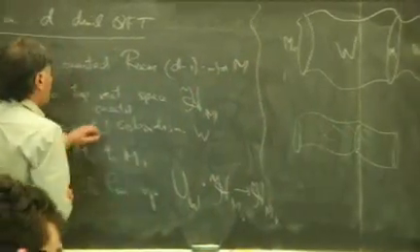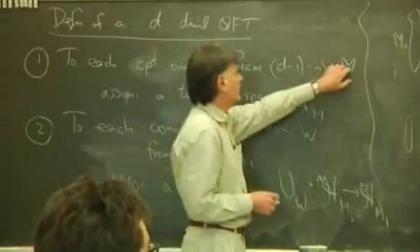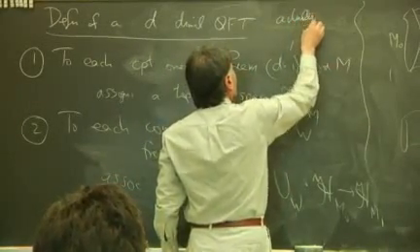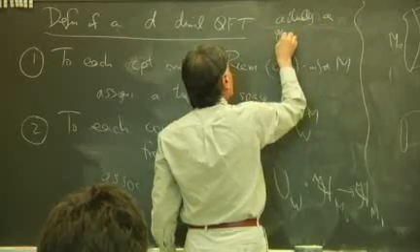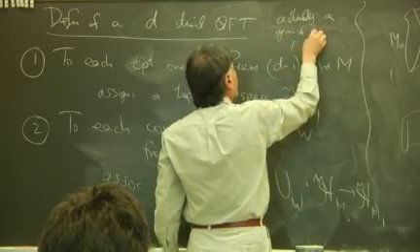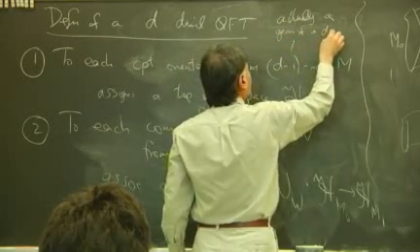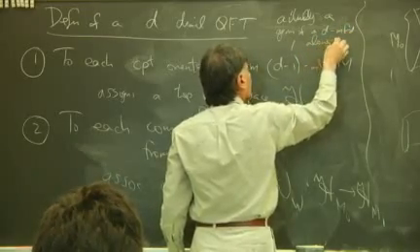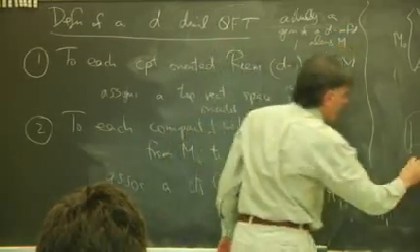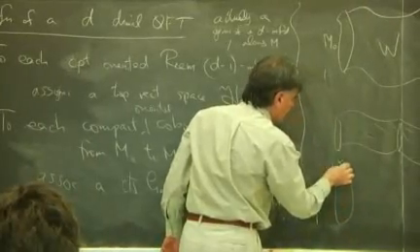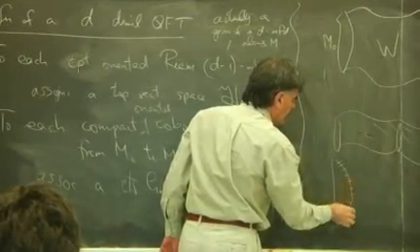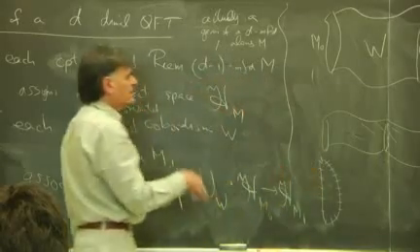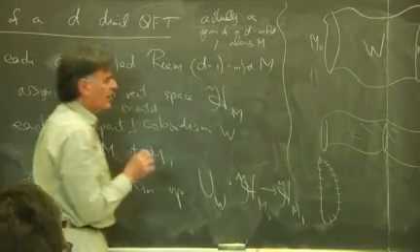So what this M really has to be is actually a germ of a D manifold along M. In other words, M is a D minus one dimensional manifold, but what we're really thinking of is a very thin neighborhood of it, which is actually a D-dimensional manifold.